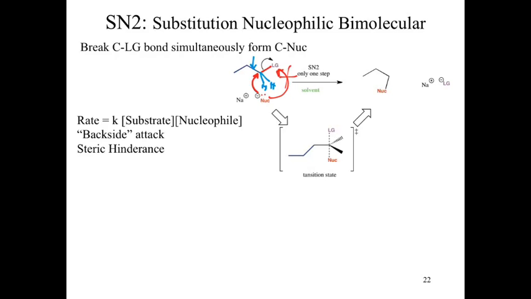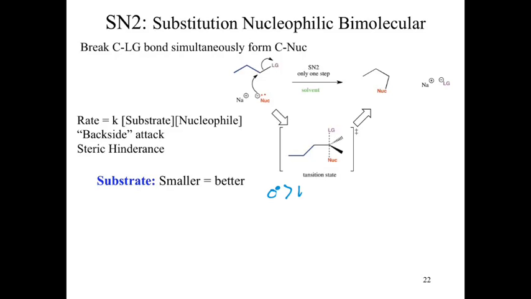So what we're looking at is our zero areas reacting better than our primaries, better than our secondaries, better than our tertiaries. So what we would do is classify our substrate according to those rules. If we saw a zero area, that goes better.